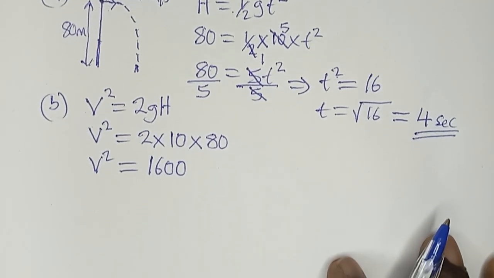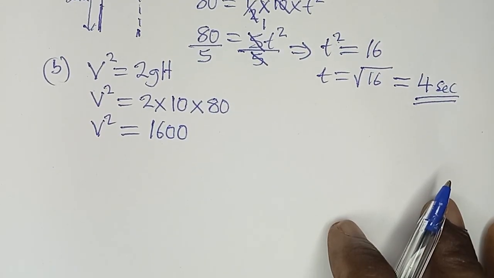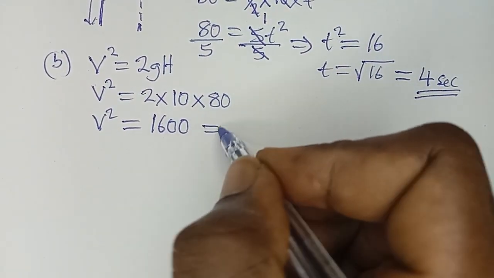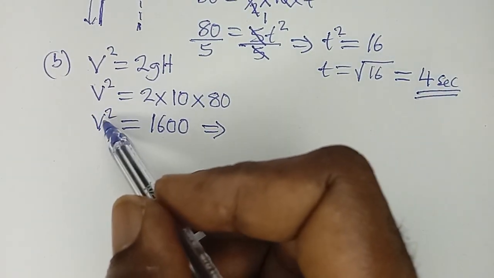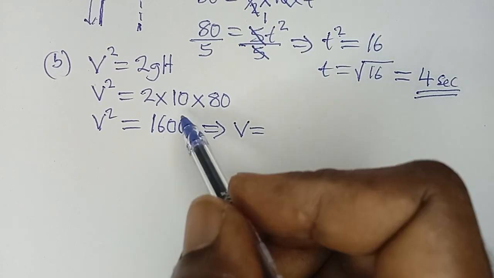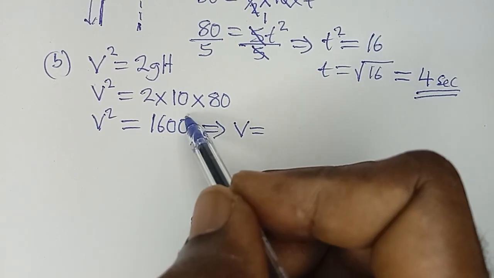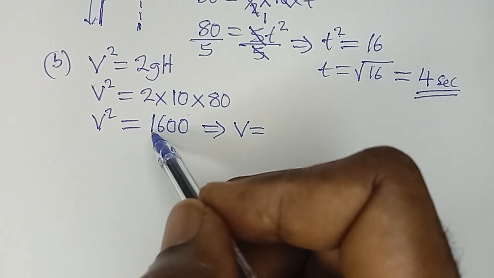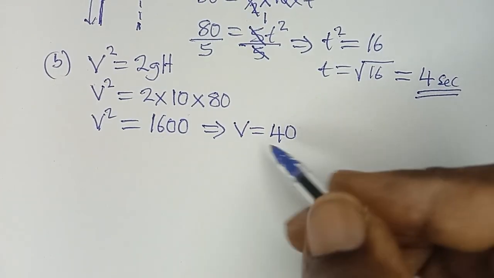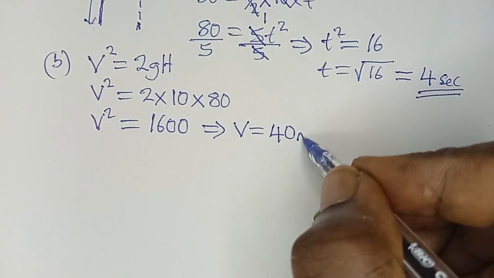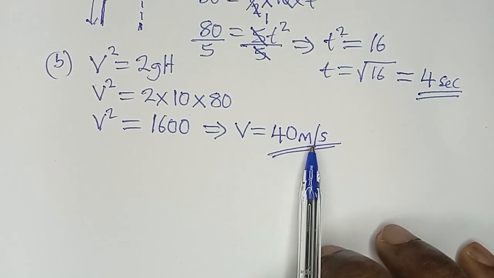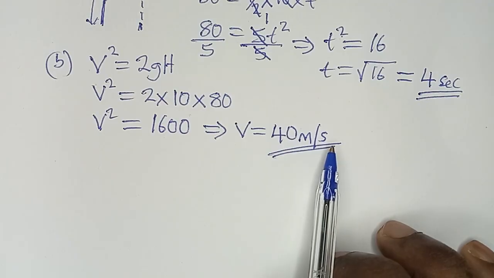To get the value of v, we take the square root of both sides. The square root of 1600 is 40. So the final velocity is 40 meters per second. This is the final velocity of the stone on reaching the ground.